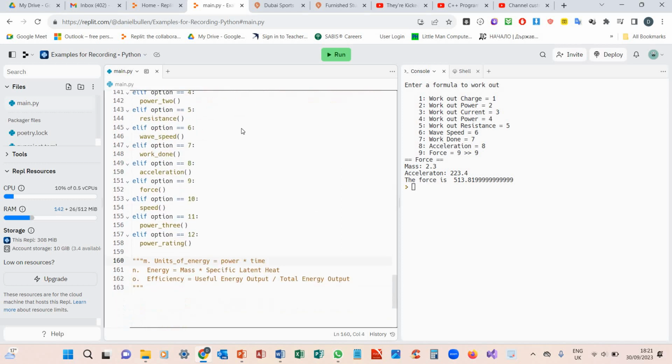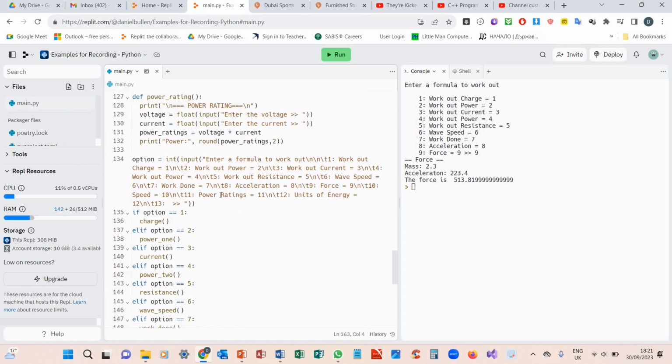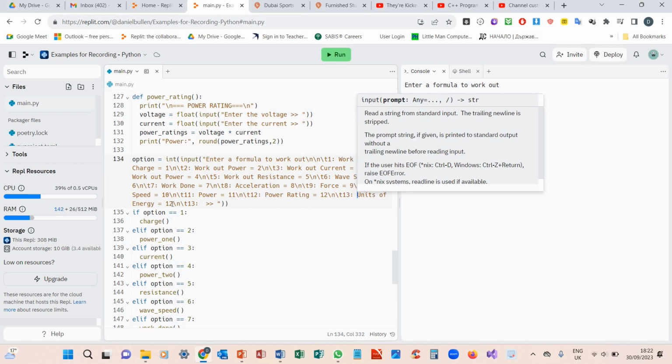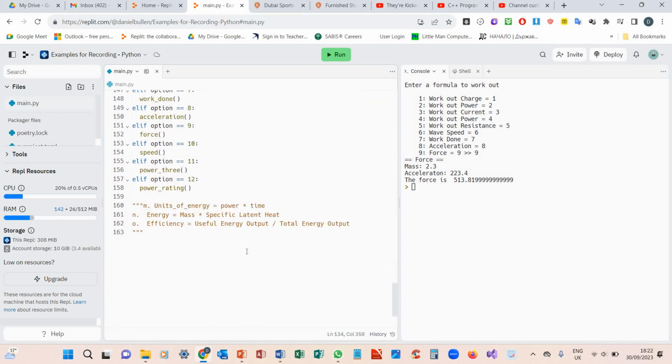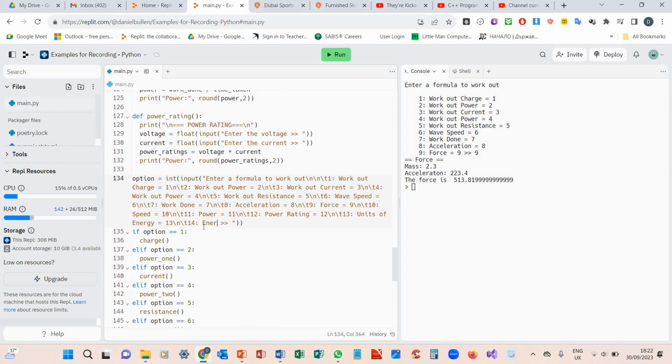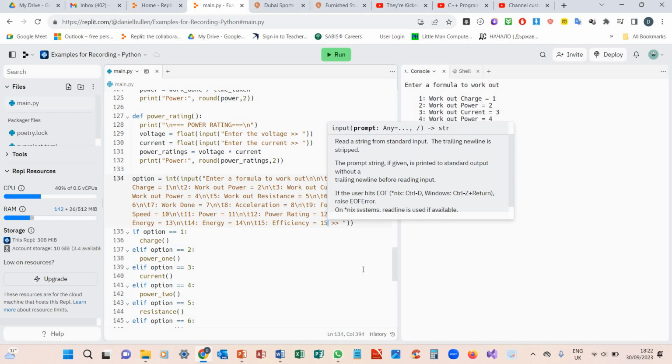Don't know why that's playing up like that. So we've got power there, power rating, units of energy, number 14, we have energy, and then the last one, efficiency.